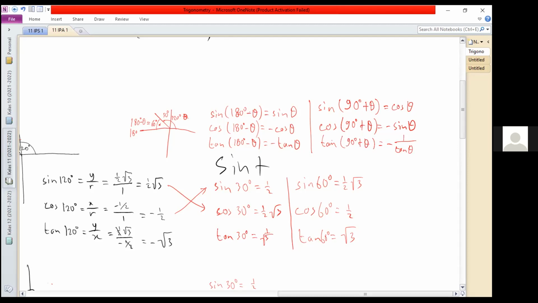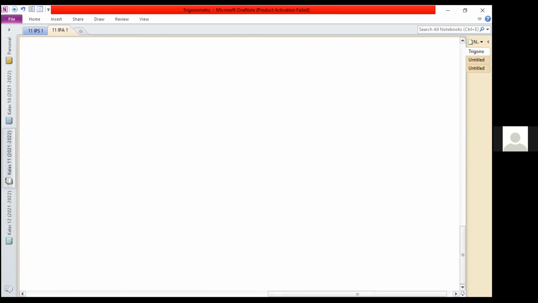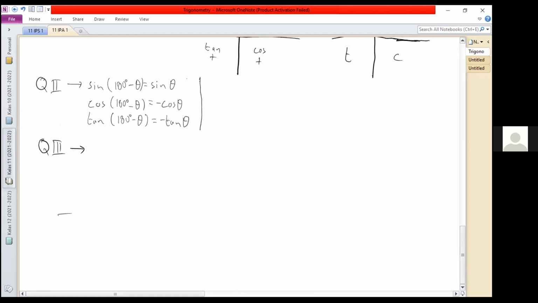So let's write that down again. Sine of 90 degrees plus theta is equal to cosine of theta.